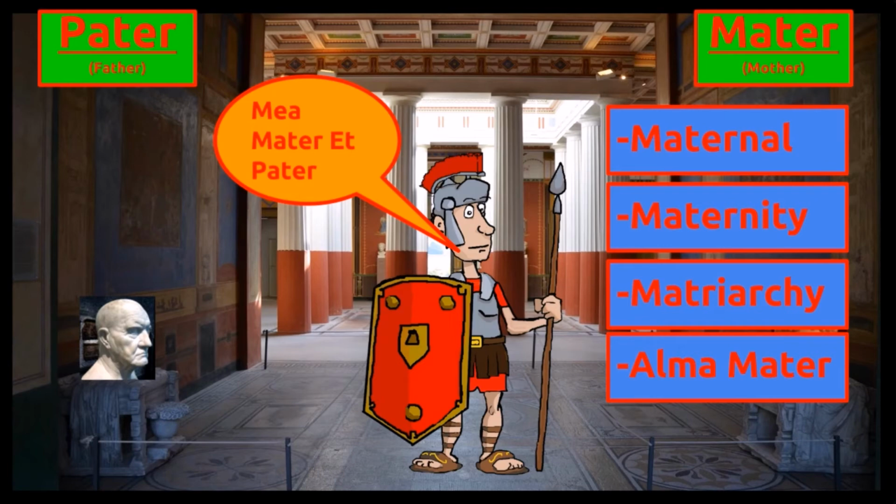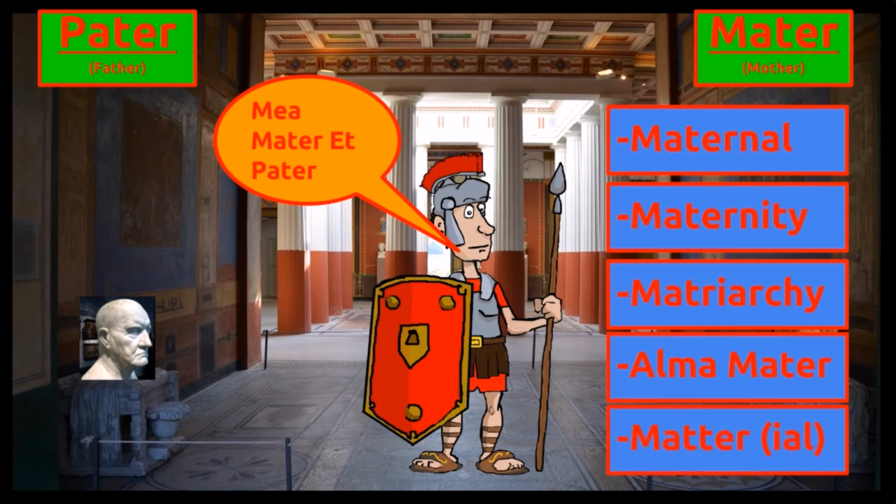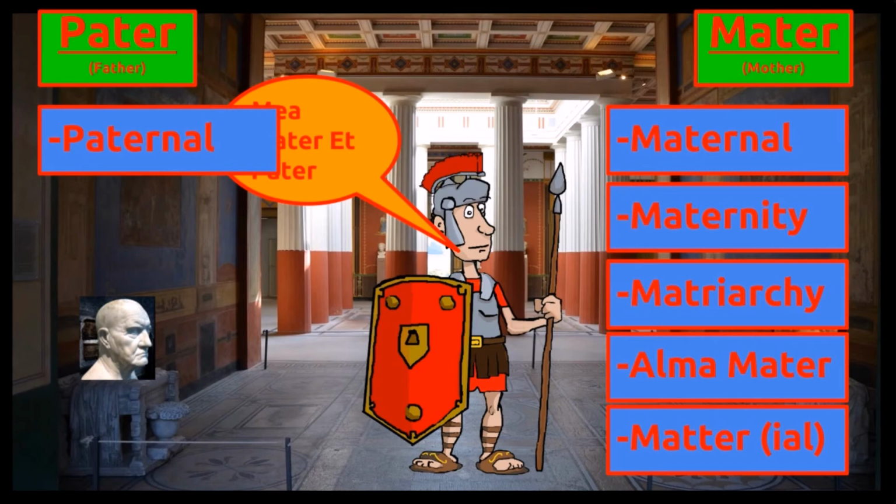You will hear it if you listen, and it is straight from Latin. And finally, we have one that is similarly connected, but the connection is a little bit less. Matter, which looks just like mater except with another T, and in all of the words that stem off of that. Now going over to the left side, let's look at the words that stem from pater.